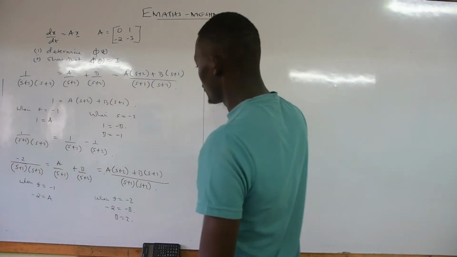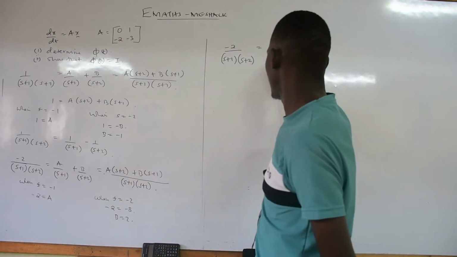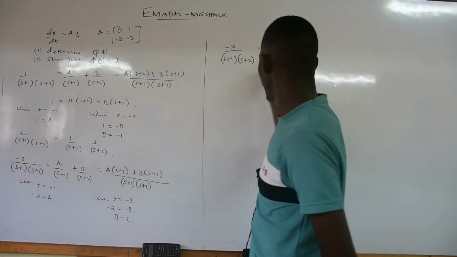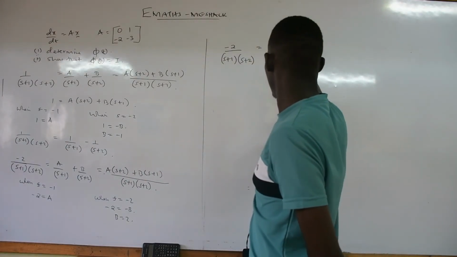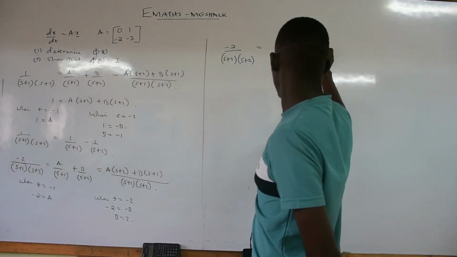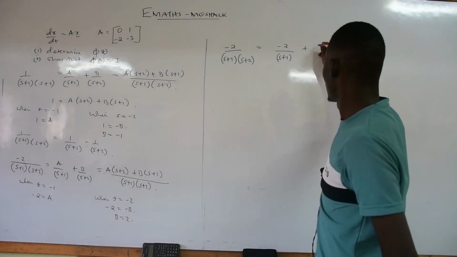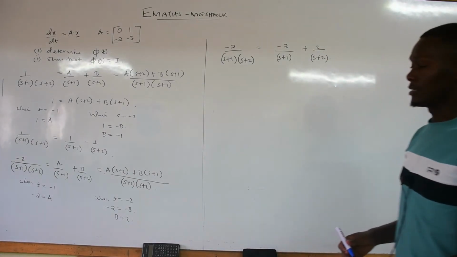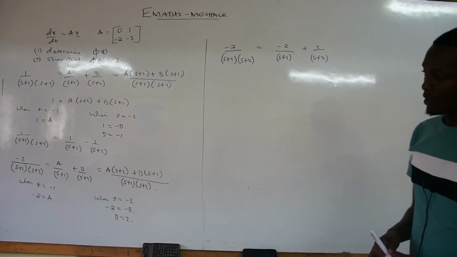Our value of a is negative 2 over s plus 1, our value of b is 2, so plus 2 over s plus 2. So for that value we have that.